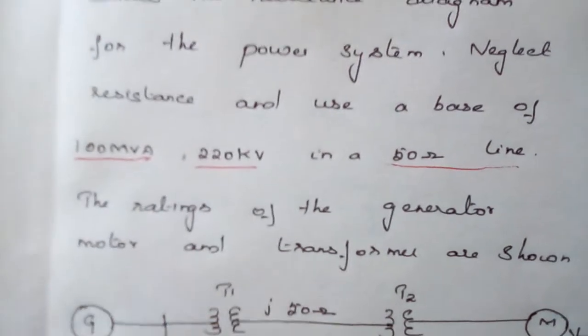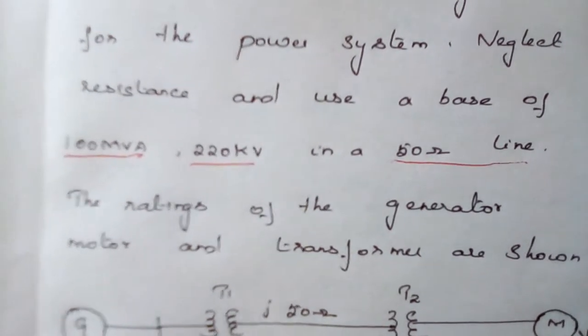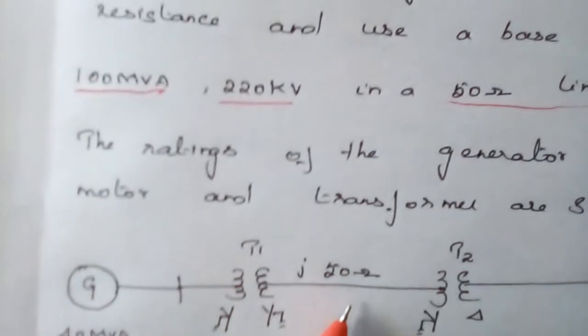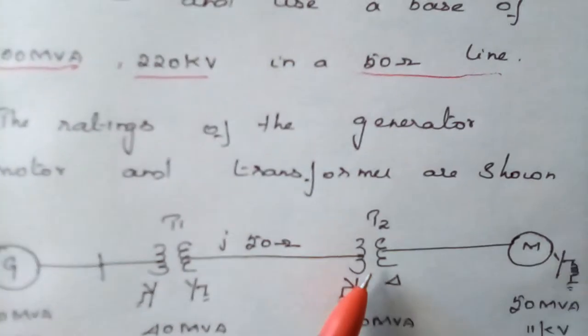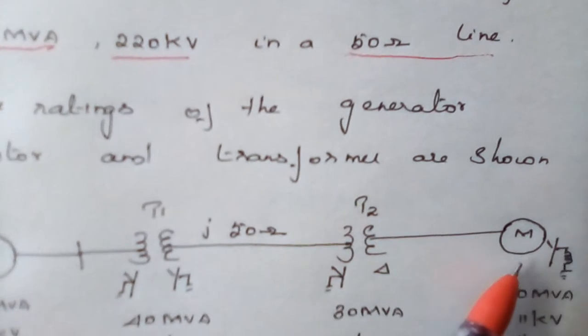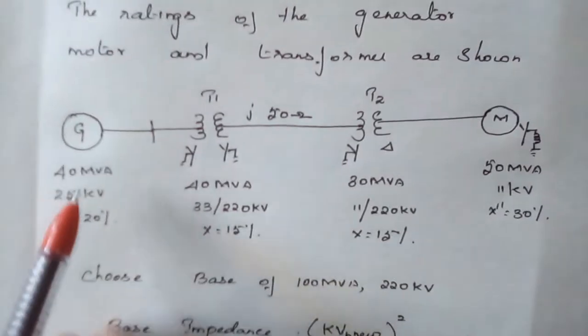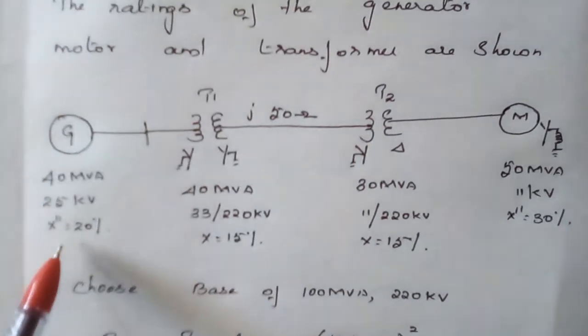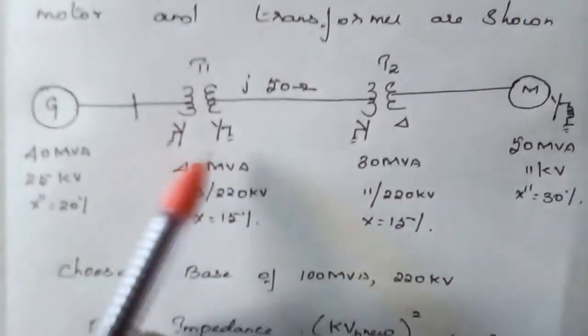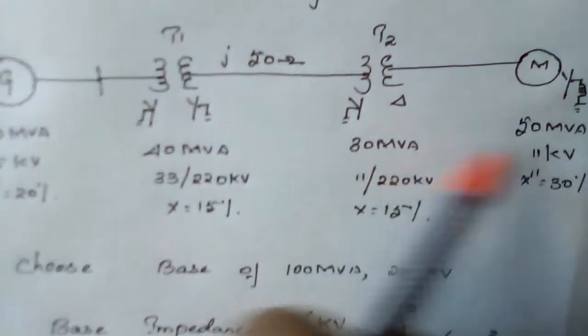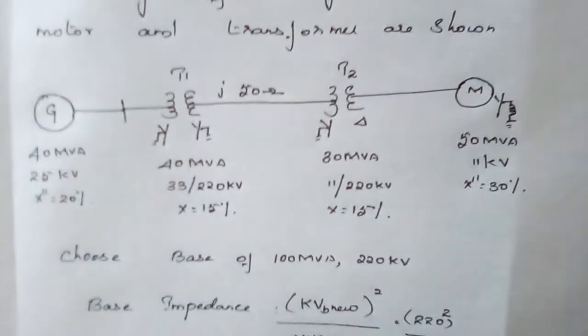Coming to the single line diagram, it consists of a generator, transformer, transmission line, transformer T2, and another one is the motor. Consider this as a synchronous motor. Here its own MVA rating, kV rating and the reactance values are given, and similarly for the transformer, transmission line, transformer T2 and the motor.